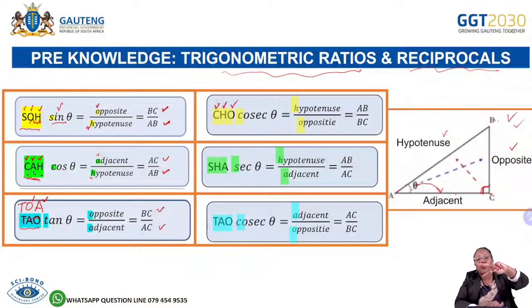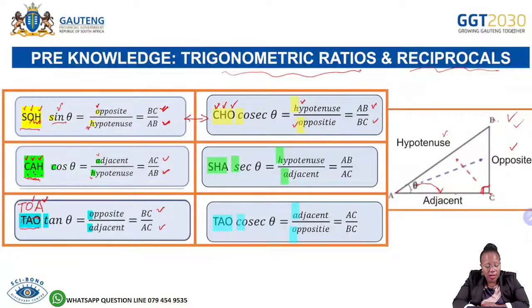That means we are swapping around, grade 12, because these are reciprocals of each other, as we have indicated in the same column there to show you. So now cosec of theta will be hypotenuse over opposite. If this was BC over AB, the reciprocal will be AB over BC because we are swapping them around. So that is how they relate to each other.